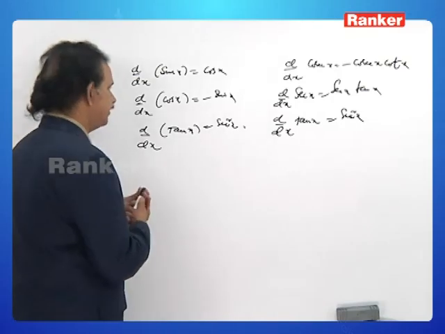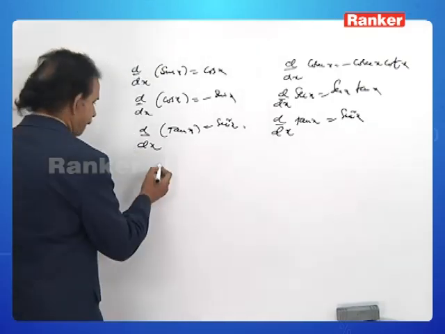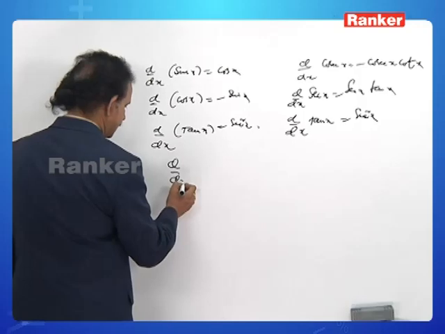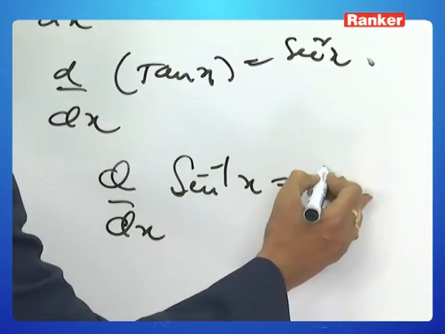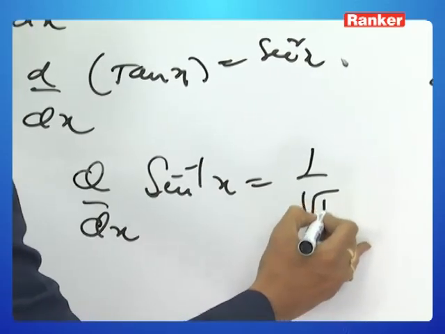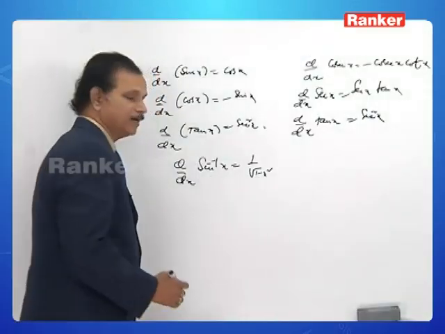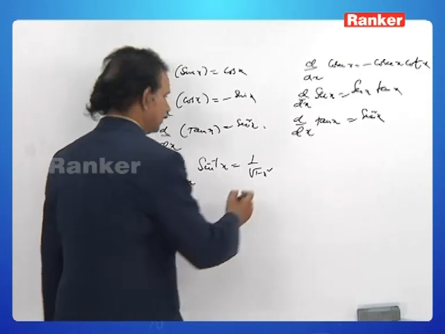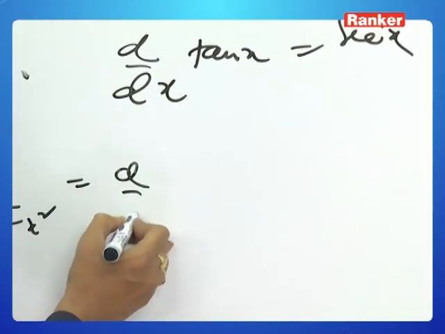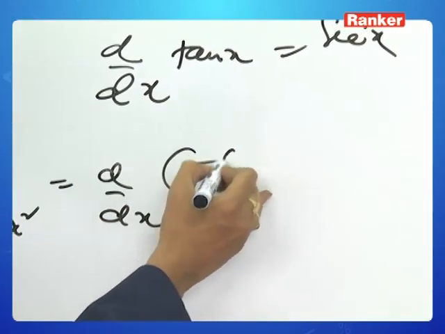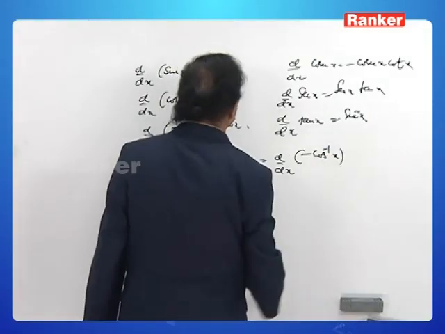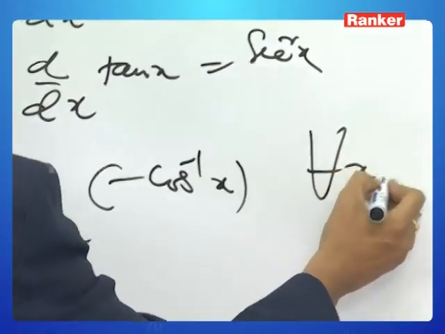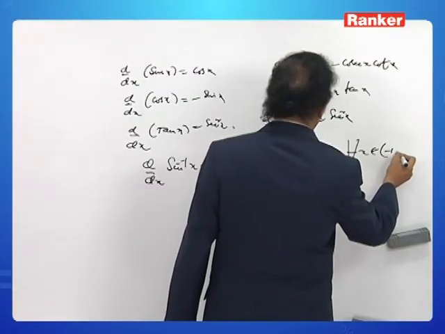Next one, the derivative of sine inverse x is equal to 1 by root 1 minus x square. This can again be taken as minus cos inverse x, where all x belongs to minus 1 to 1.